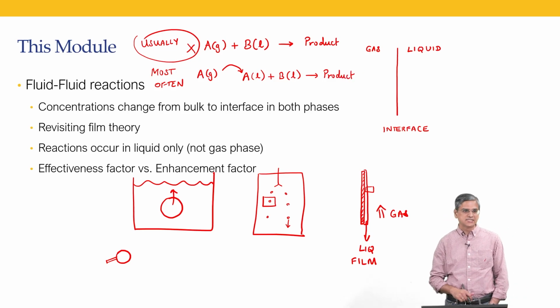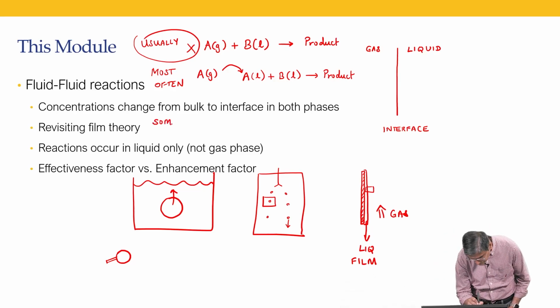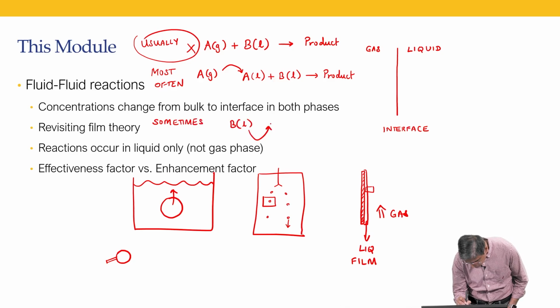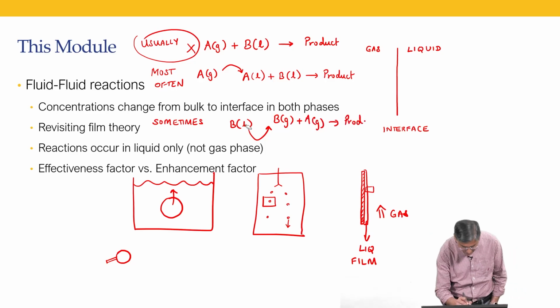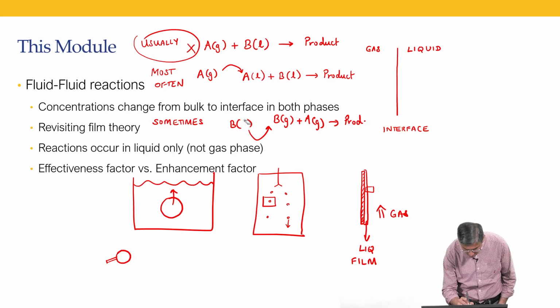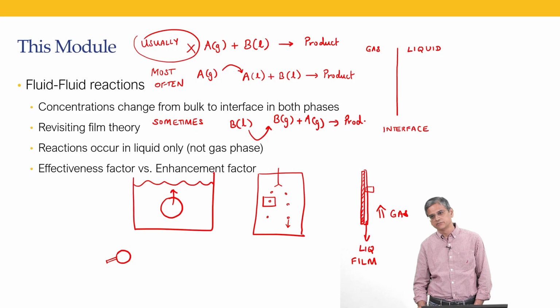Most often A will get dissolved in the liquid, then will react with B. Or sometimes it's B in the liquid that might get evaporated into B in the gas phase and undergo the reaction.